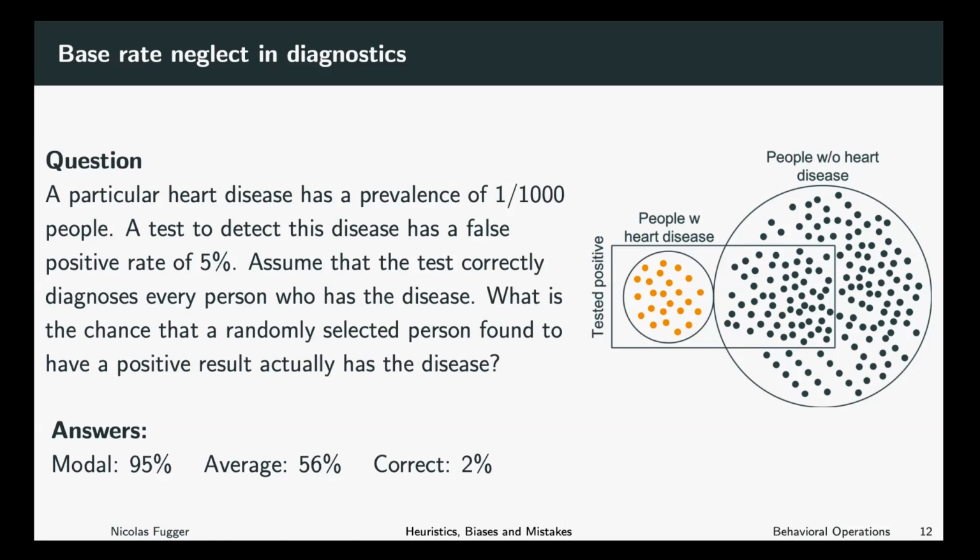They completely neglected the base rate. Okay, it shows us that many people do not have a good feeling for probabilities and have problems with Bayesian updating.